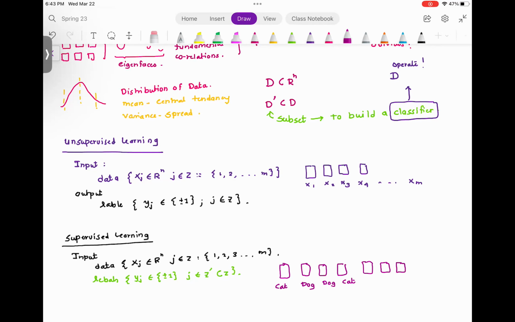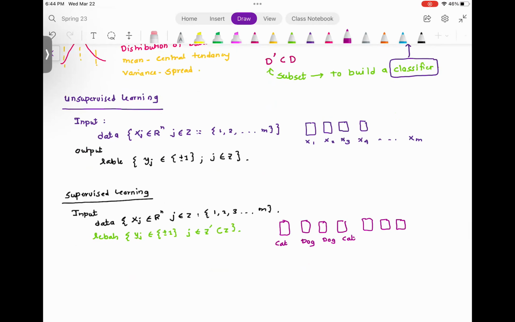So I don't know what those images are, or at least, a human could identify, but the algorithm or the software or the code that you write may not be smart enough to identify whether it's a cat or it's a dog.